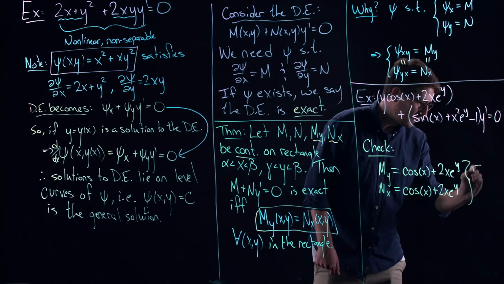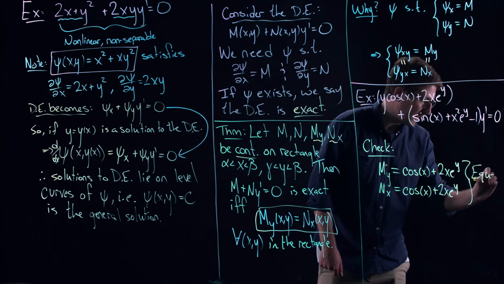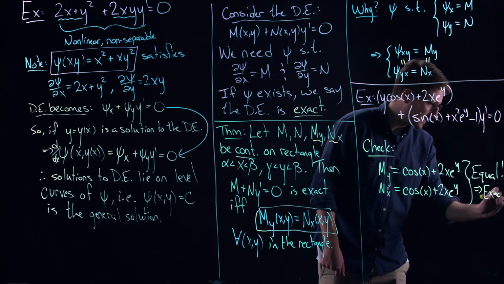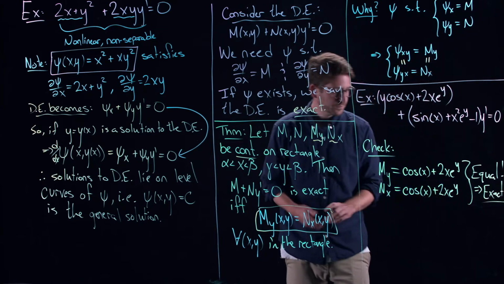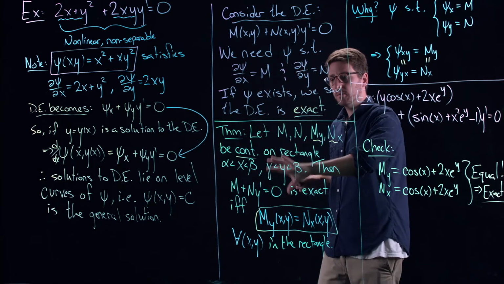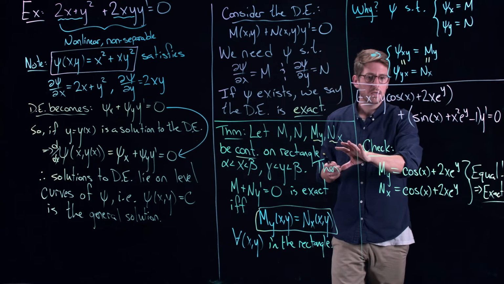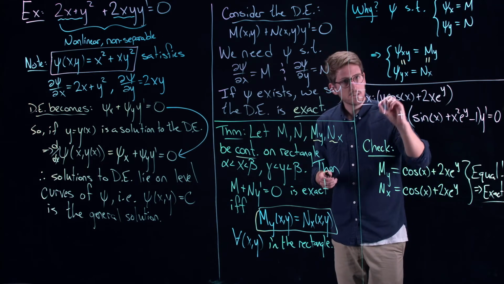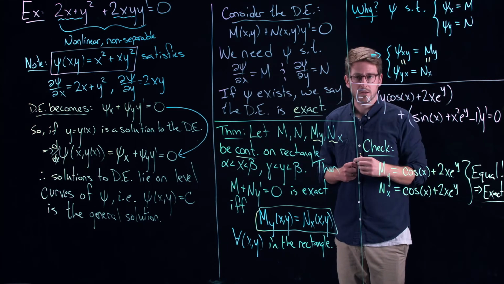Good. Equal. These two things are the same, which implies that I've got an exact equation. So that's good. That's how you can apply that theorem in practice. You can do this check. And that check says to you, yes, Jason, you are currently working with an exact equation.